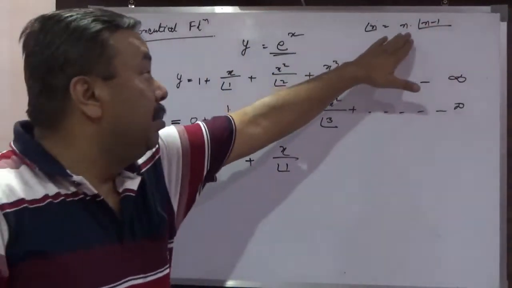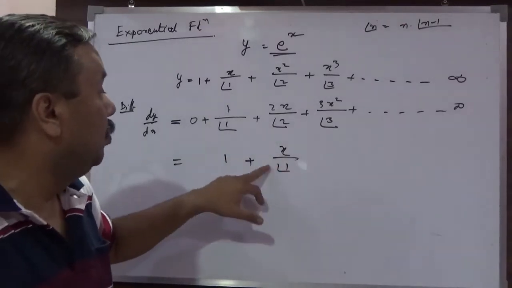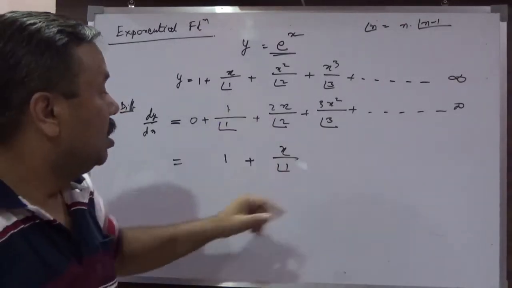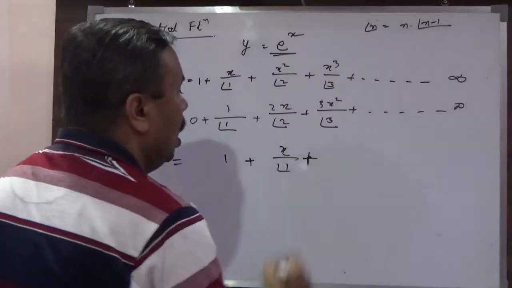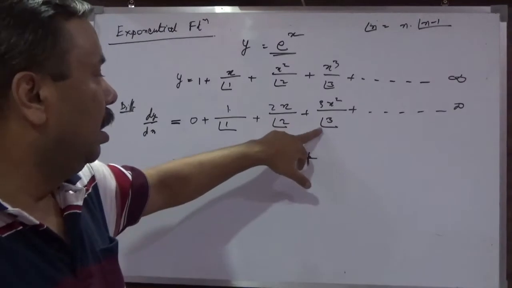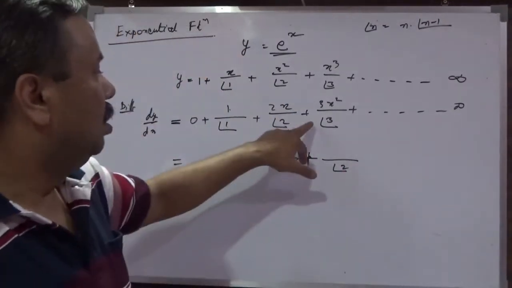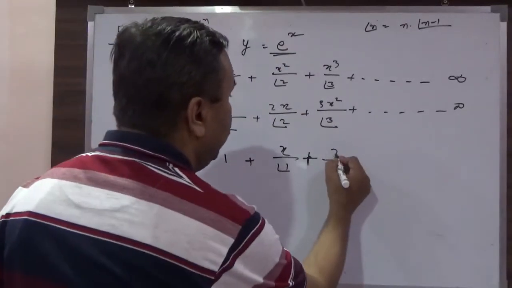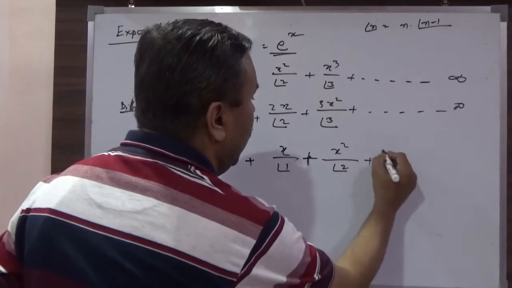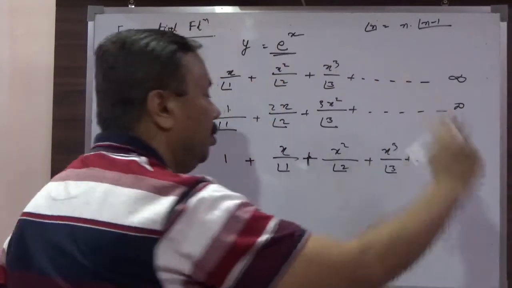This 2 I am taking out, it will become factorial 1, and this 2 will cancel with this 2. Similarly, from the next term I will take out 3, so it will become factorial 2. The 3 taken out will cancel with this 3, and it will become x square. And similar terms will keep on coming.